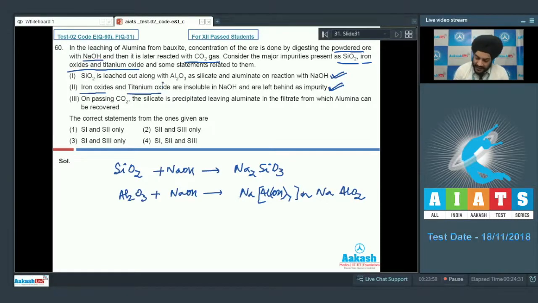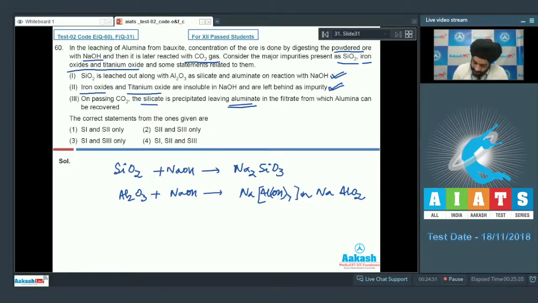Students, this statement is incorrect. Among silicate and aluminate, the aluminium is an amphoteric species, so it can react with both acid as well as bases. So when CO2 is passed into the solution containing aluminate and silicate, it is the aluminate which gets precipitated.